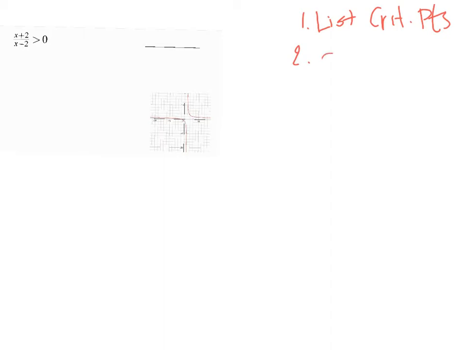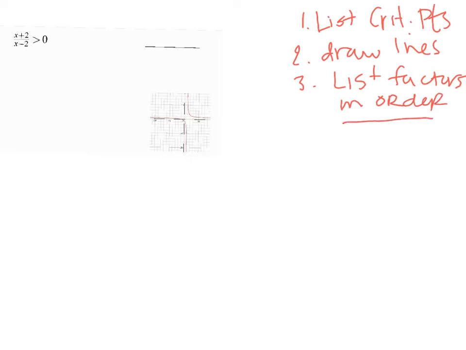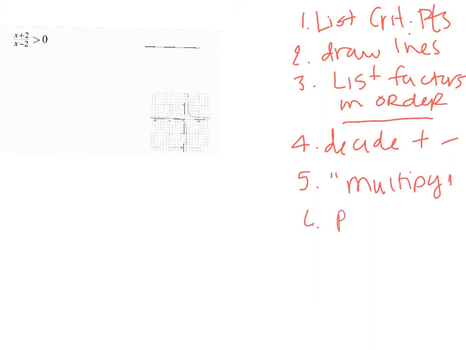Number 2 is going to be to draw the lines. Step number 3, list the factors; in order is important. Step 4 will be to decide if it's plus or minus. Step 5 is going to be to multiply. And 6 is going to be to rewrite. Okay, so I have these down, and then I'll go through them as we go through our example.